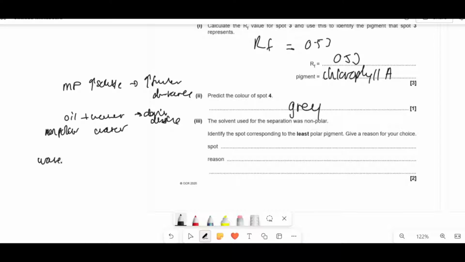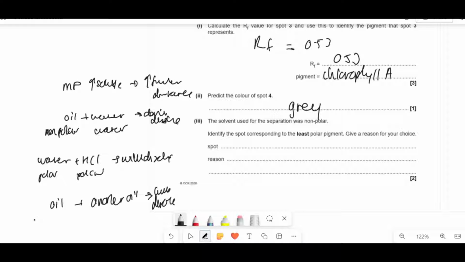If I mix water and some sort of acid like HCl, it will dissolve because they are polar and polar. If I mix an oil and another oil, like a fat of some sort, they will dissolve because non-polar and non-polar can mix with each other.